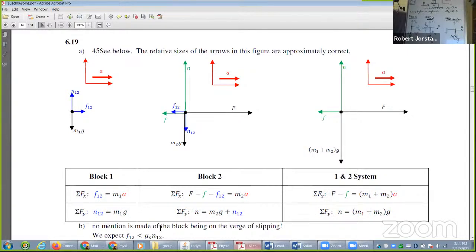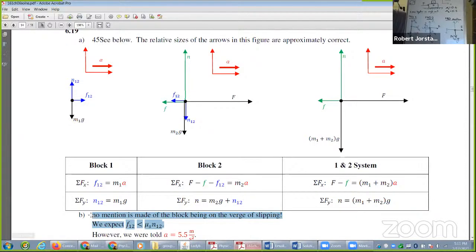Now, notice this right here. No mention is made of it slipping. We were told that the acceleration was 5.5. So if we know the acceleration, we can get these frictional values between them, right? So now we don't need this equation because we have the acceleration.